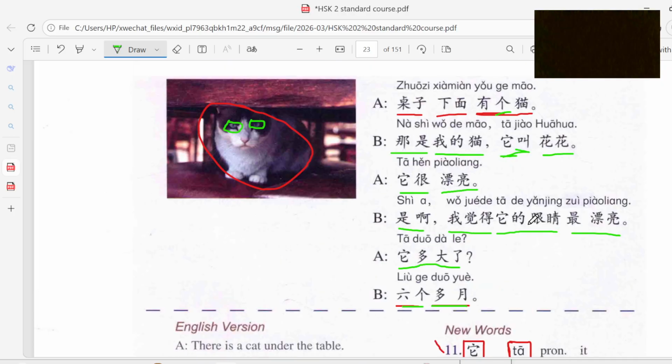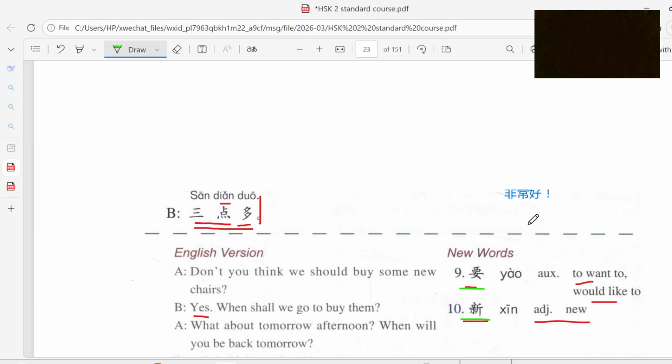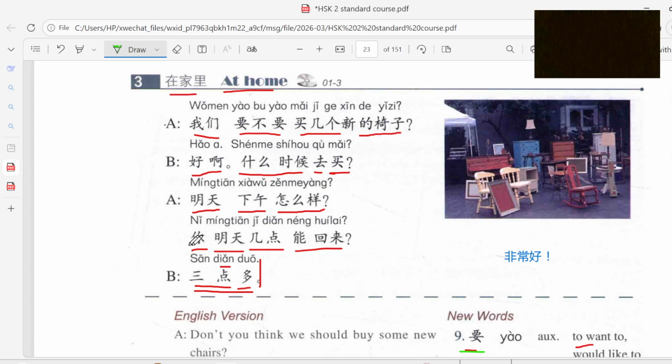We know that 椅子 is chairs. 我们要不要买几个新的椅子, should we buy some new chairs? If you use 几个, it means you're talking about a number, but it's not more than 10.